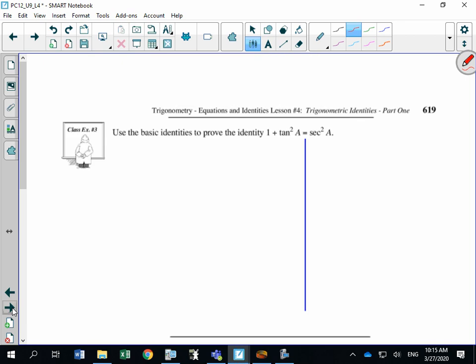Okay, let's look at class example 3. Use the basic identities. So again, the basic identities would be: sine of theta, SOH, y over r. Cos of theta is x over r. Tan of theta is y over x.